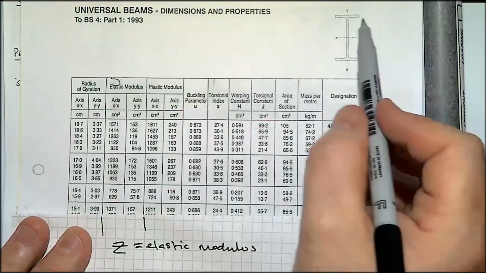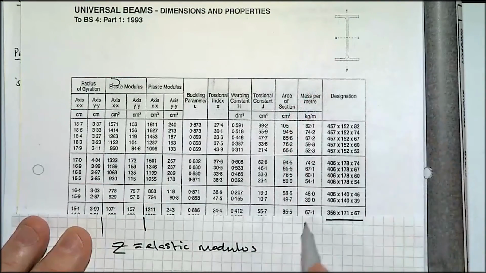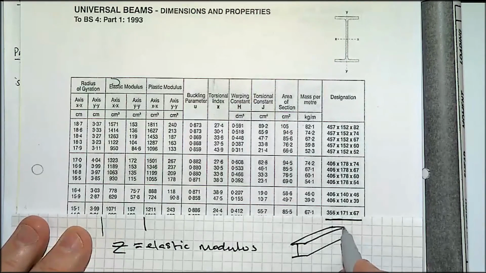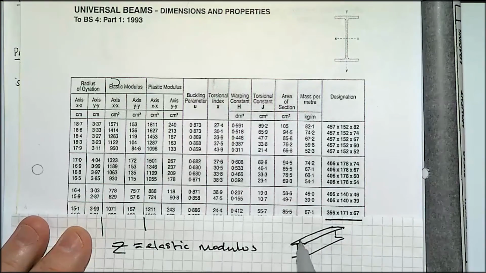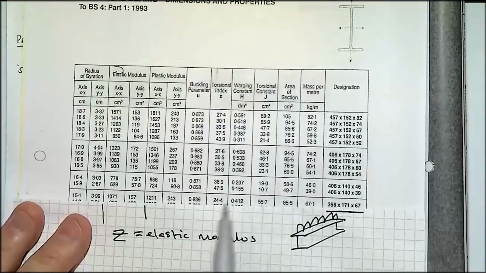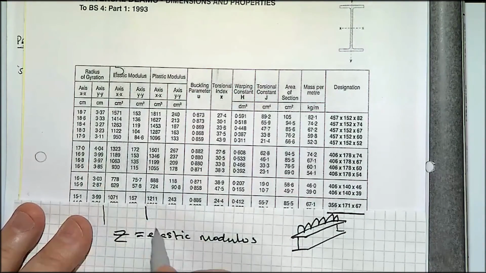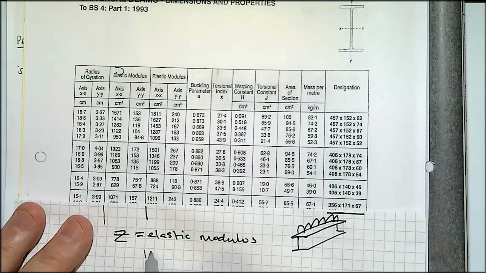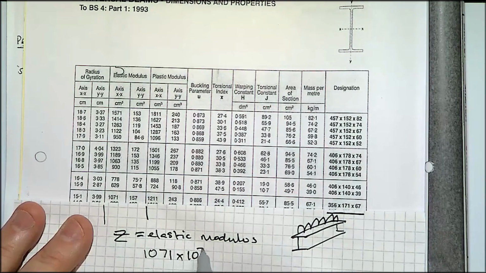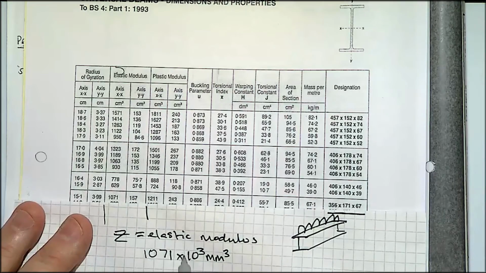And if you forget what XX and YY is, a beam would be loaded upon the top. So the UDL would be applied to the top of the beam. So we want the ZXX. Unfortunately, the table gives us ZXX in centimetres cubed, so we have to put it into millimetres by multiplying that value by 10 to the 3.